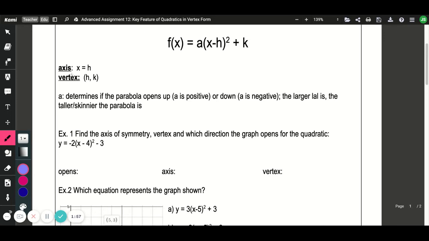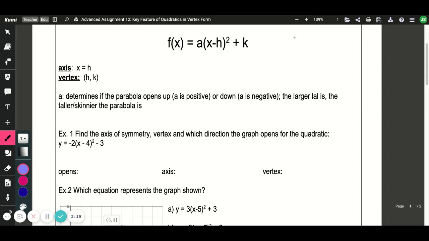The axis of symmetry, remember we had to write that equation for the axis that cuts down the middle, is x equals h. So it's super important to remember that the number that you use for h is going to be the opposite of the sign in here because there's a negative or an opposite sign in the equation.